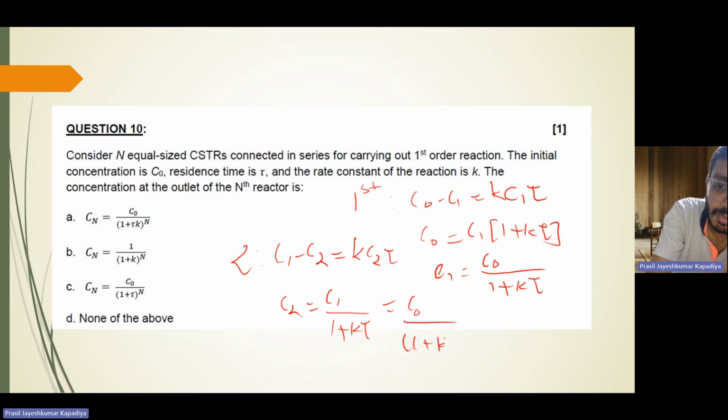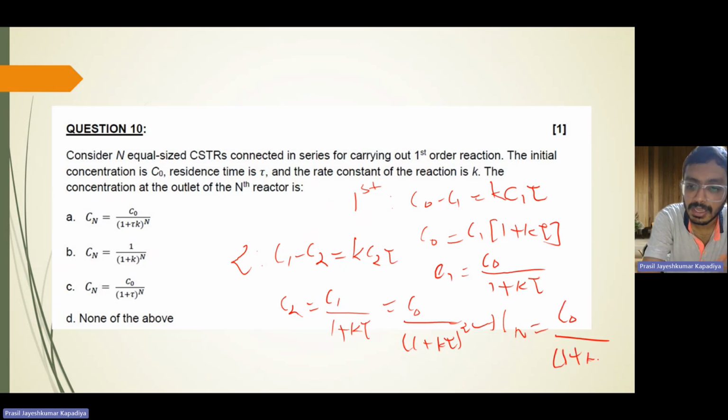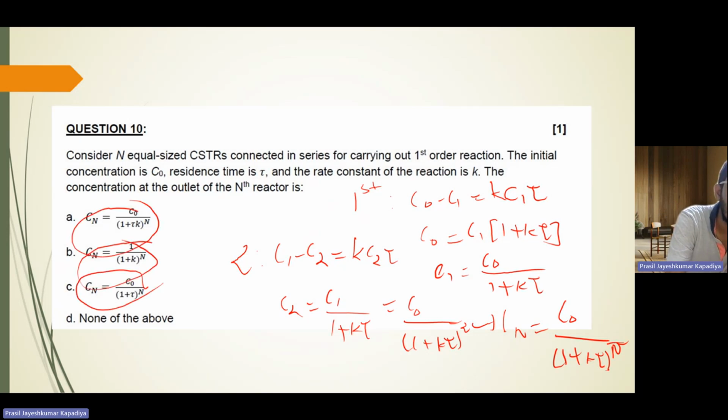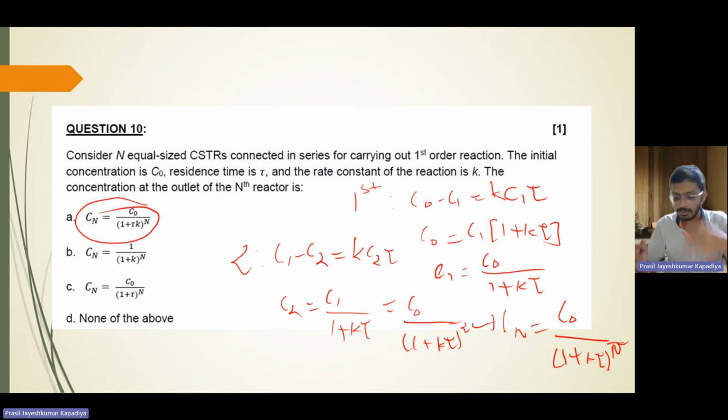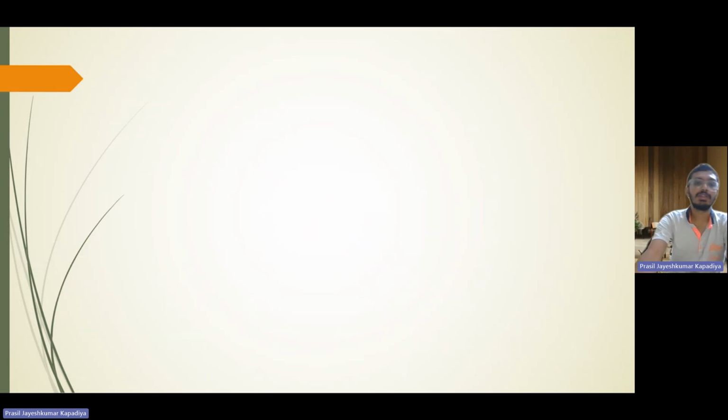So for the second reactor, it is (1 plus k tau) squared. So what will be the outlet for the nth reactor? Cn will be equal to C0 divided by (1 plus k tau) raised to n. So our correct answer is option 1: Cn equals C0 divided by (1 plus k tau) raised to n. Okay, let's move ahead with the next question.